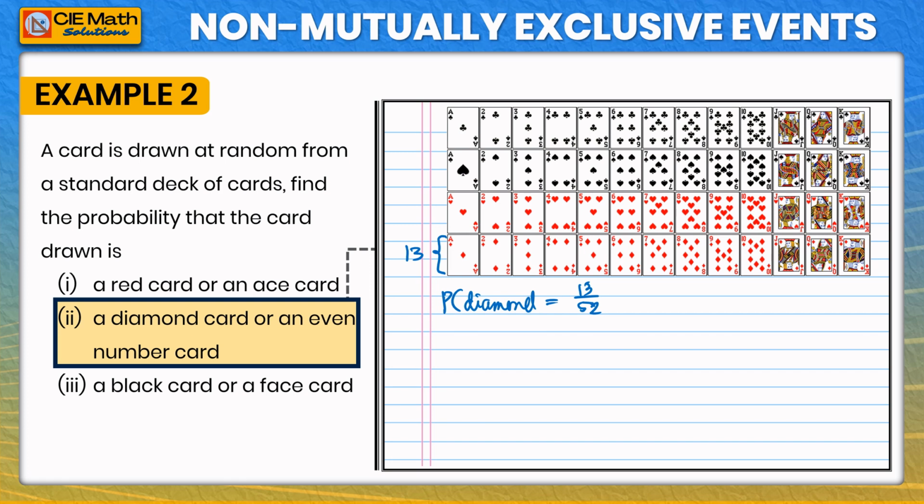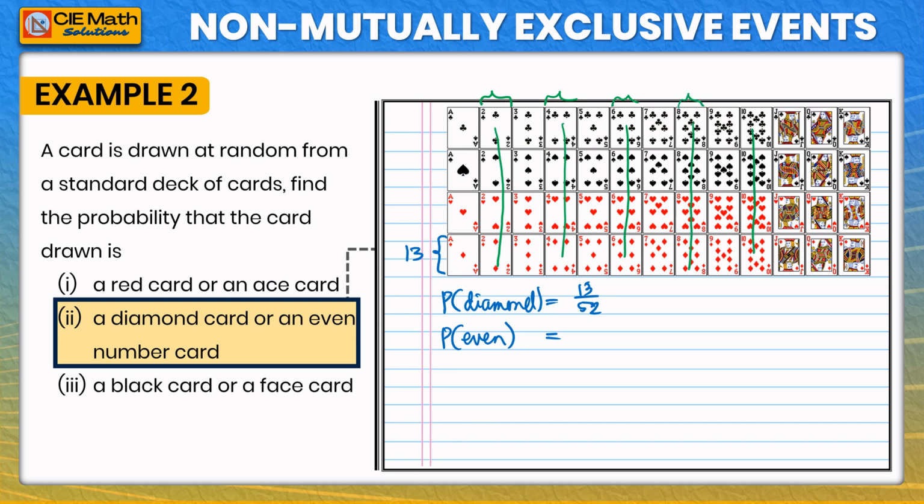The next event is the event of getting an even number card. So the probability of an even numbered card. Now let me encircle all of them. So 1 would be definitely all of this. 2, 4, all of them. 6, all of them. 8 and 10.